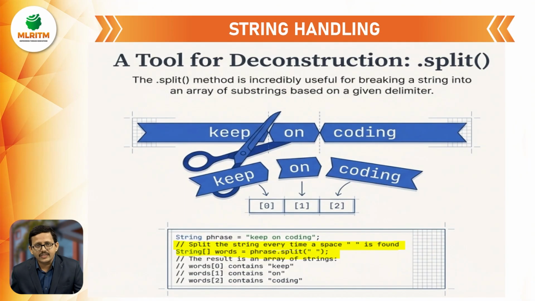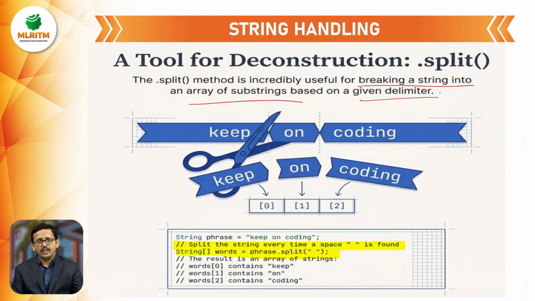Next, a tool for deconstruction, which is obviously split. Since we have a continuous sequence of characters assembled in a string, we can split that continuous sequence using the split method. The split method is incredibly useful: it breaks the string into an array of substrings based on a given delimiter.